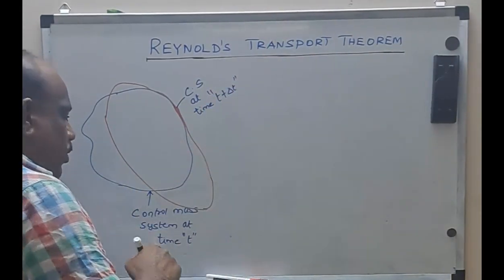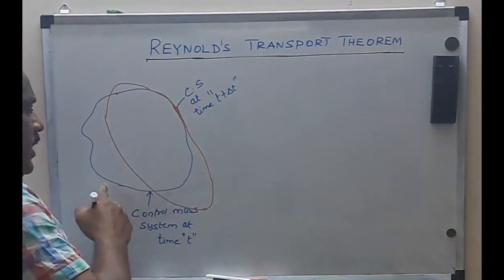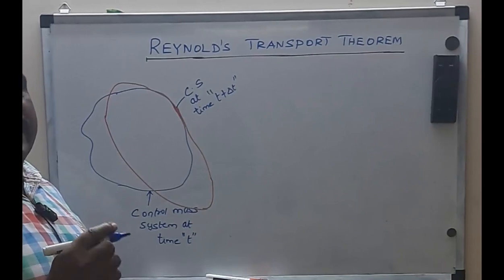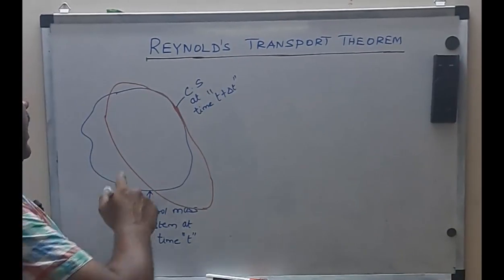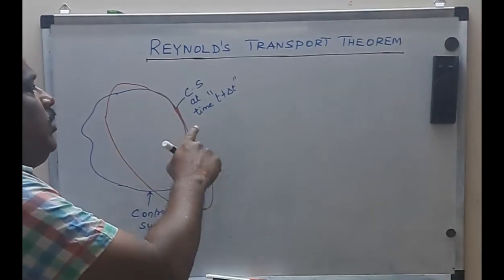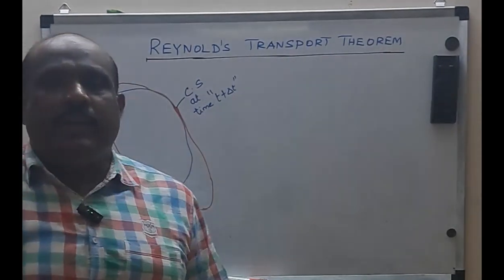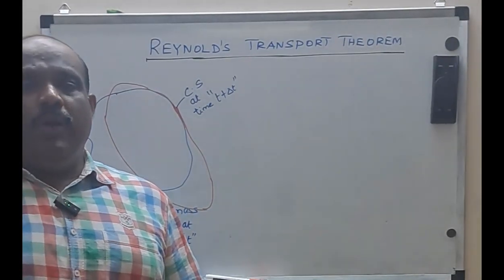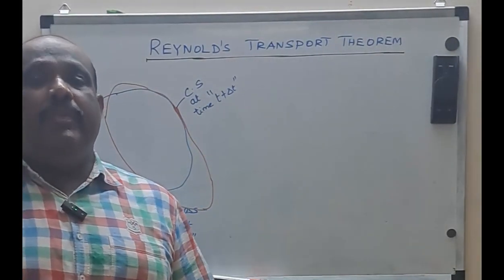When time equals t, the initial control system is the blue color curve, and at time t plus delta t, after an incremental time, the control system occupies a new position, given by the red color curve, and is known as the control system at time t plus delta t.